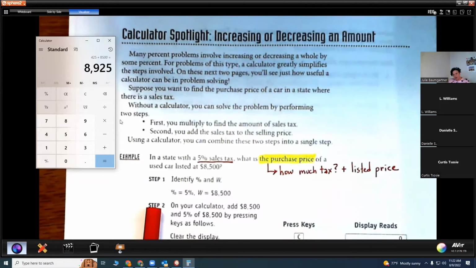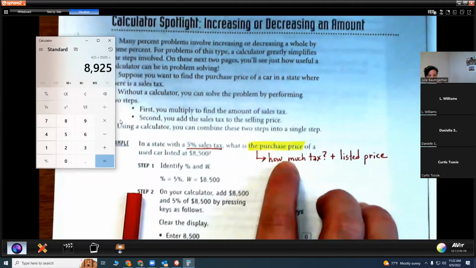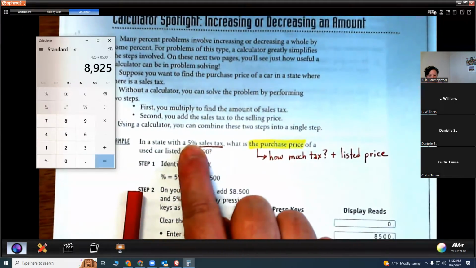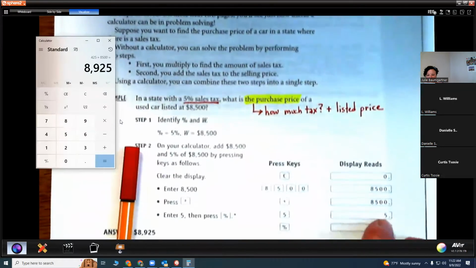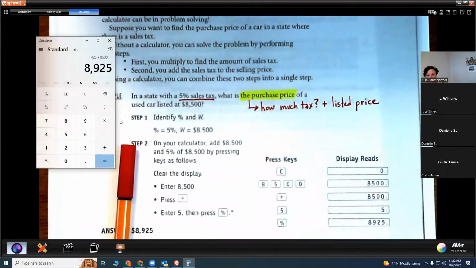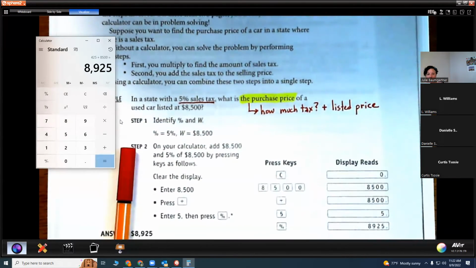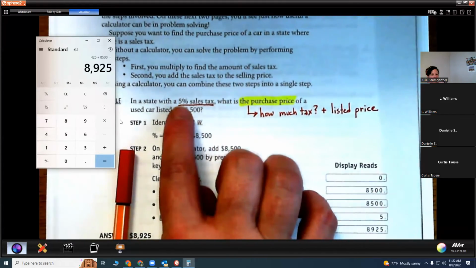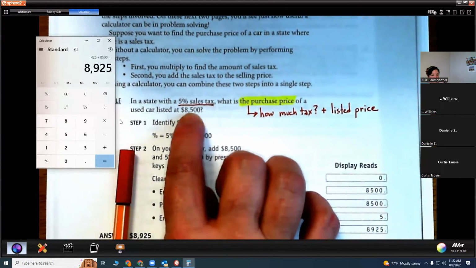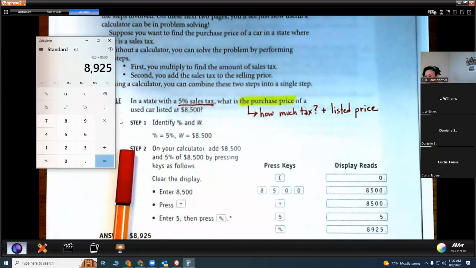So let's look at some more practice problems, okay? Not getting it? Okay, so step 1, we take our percent and our whole and we calculate how much sales tax we need. When I multiply 0.05 times 8,500, it gives me $425.